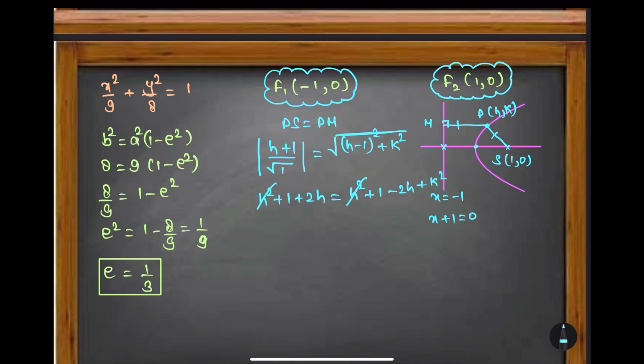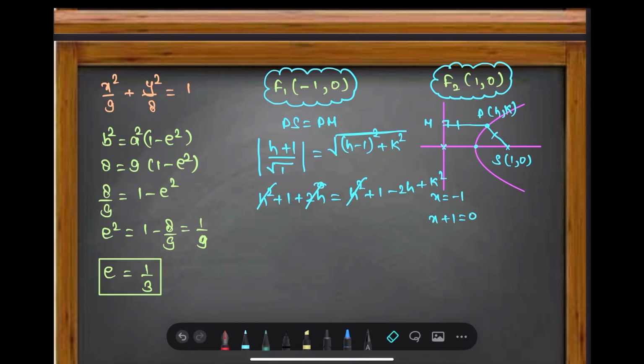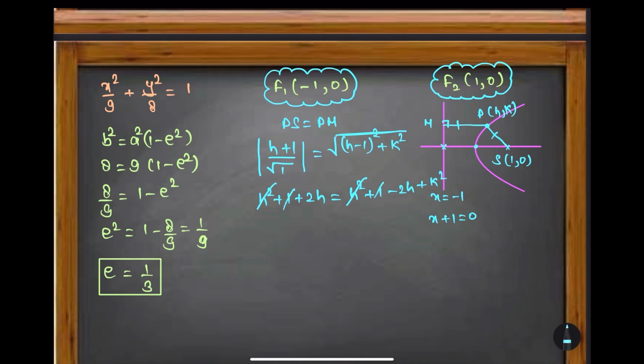This thing is gone. Sorry, 2h will stay, and then 1 and 1 will be gone. So we will be left with k square equals 4h. Now h will be replaced by x and k square will be replaced by y. So we got the equation of the parabola as y square equals 4x.